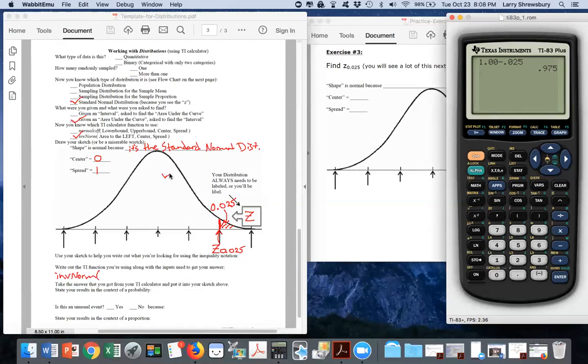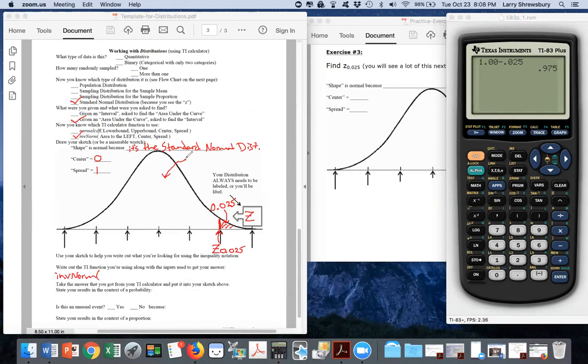So I know the area to the left there is 0.975. Since that's the area to the left, that tells you the percentile rank for this z-score. So it's at the 97.5th percentile, which is the area to the left, 0.975.